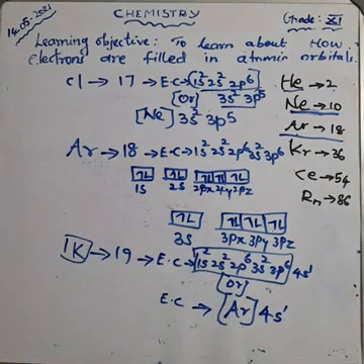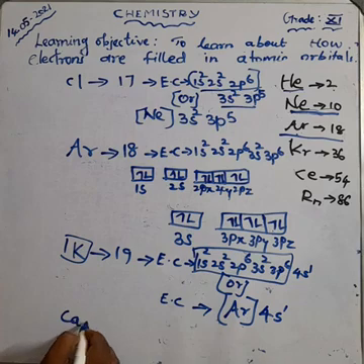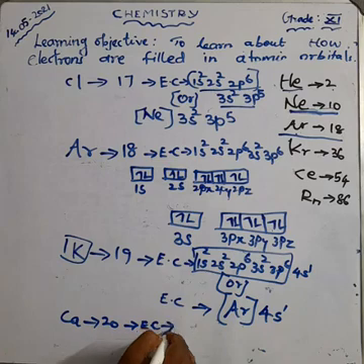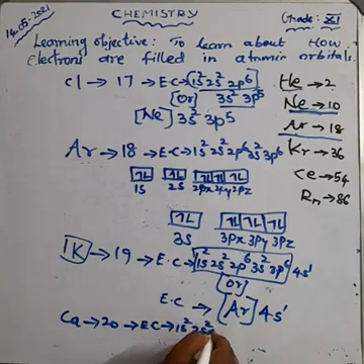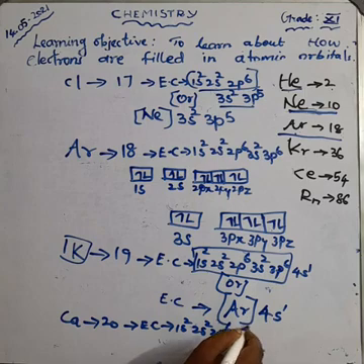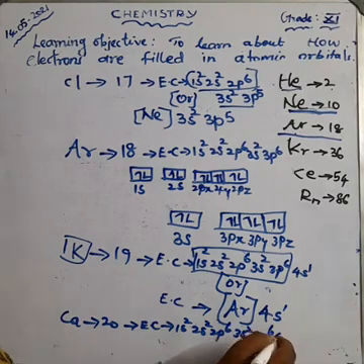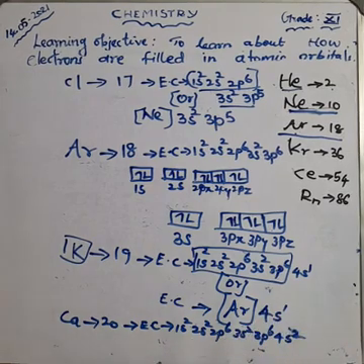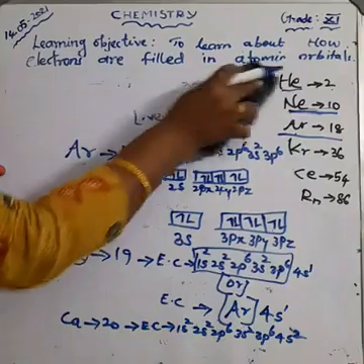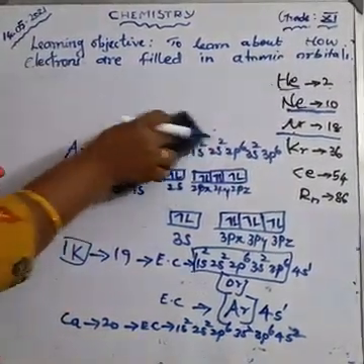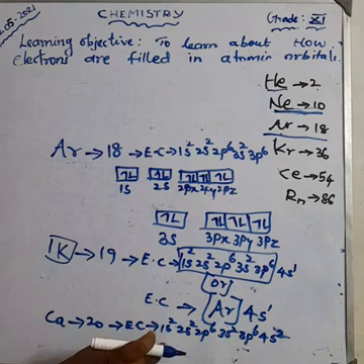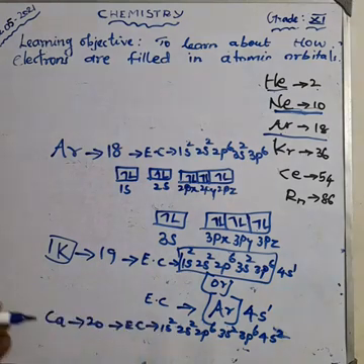Can you understand? Another one, calcium. Calcium, you know, has atomic number 20. So the electronic configuration is 1s2, 2s2, 2p6, 3s2, 3p6, 4s2. Here also argon is the nearest noble gas for calcium. How will you write the short form electronic configuration for calcium?